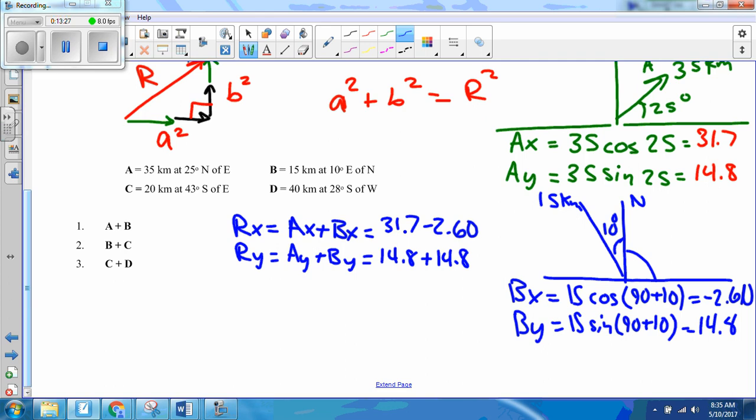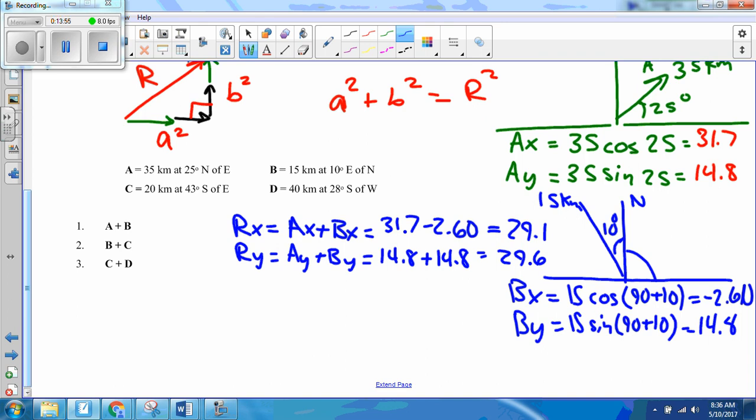Okay, so 31.7 minus 2.6 should be 29.1. Y'all gonna check me on that? 29.1. 14.8 plus 14.8 should be 29.6.